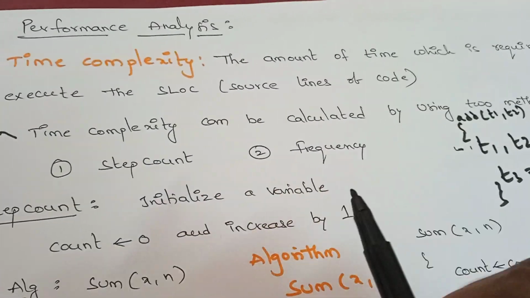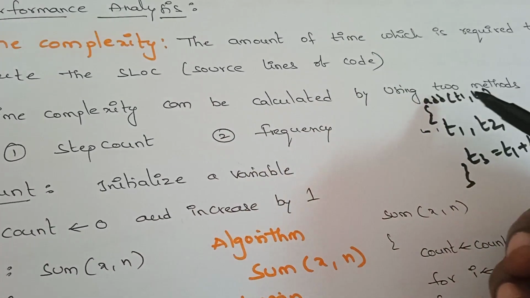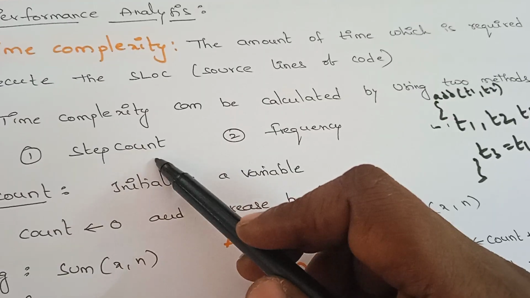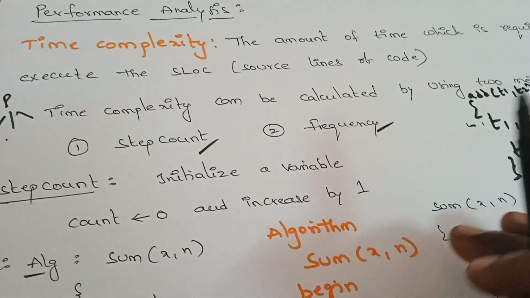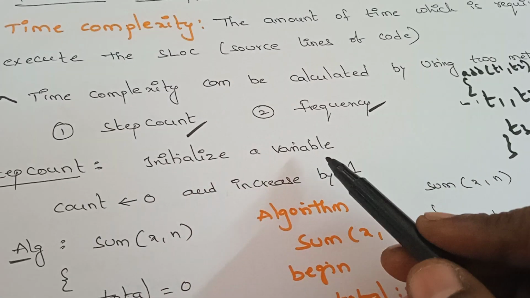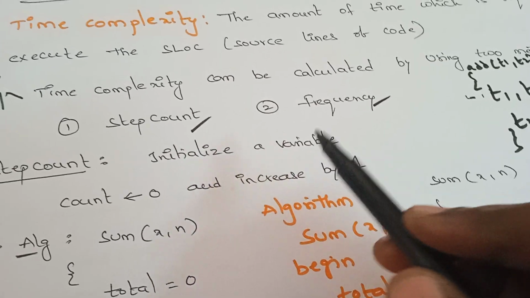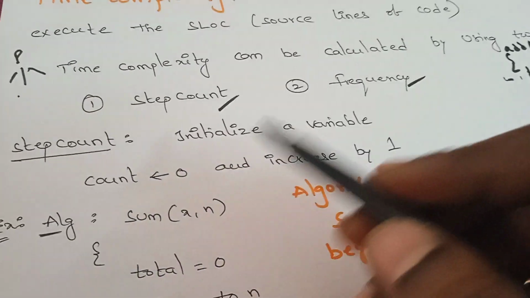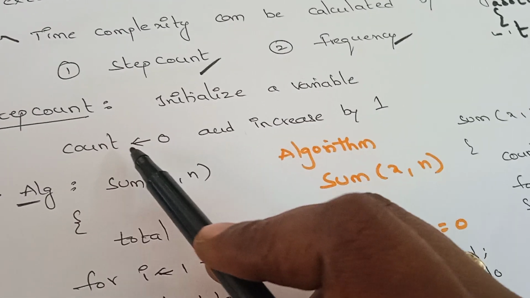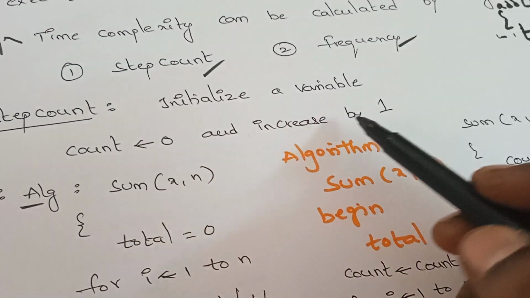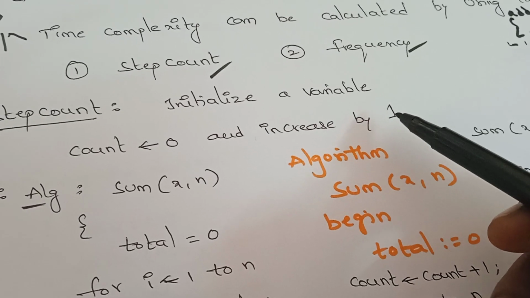Now, time complexity can be calculated using two methods. One is step count, the other is frequency count. Step count means that when we initialize a variable, let us say the variable is count equal to 0. This count variable will increase by 1, depending on the program.